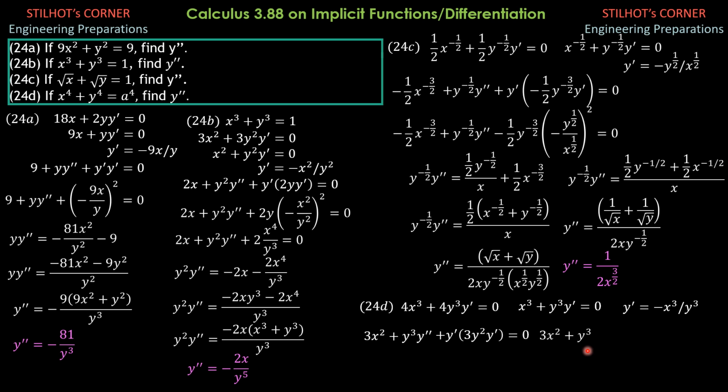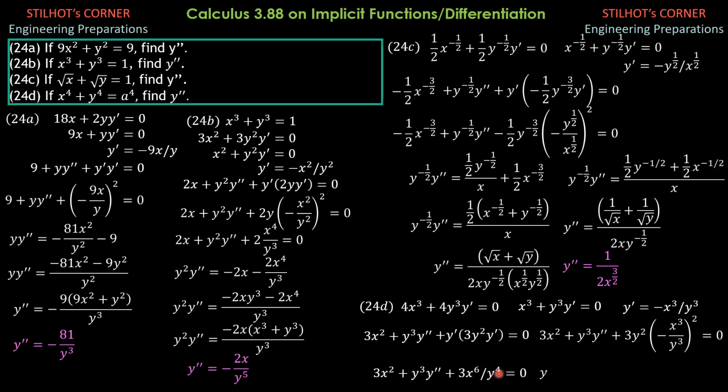So 3x squared plus y cubed y double prime plus 3y squared times y prime squared, negative x cubed over y cubed quantity squared, equals 0. So 3x squared plus y cubed y double prime plus 3x to the 6 over y to the 6 supposedly, and y squared over y to the 6 is 1 over y to the 4th.